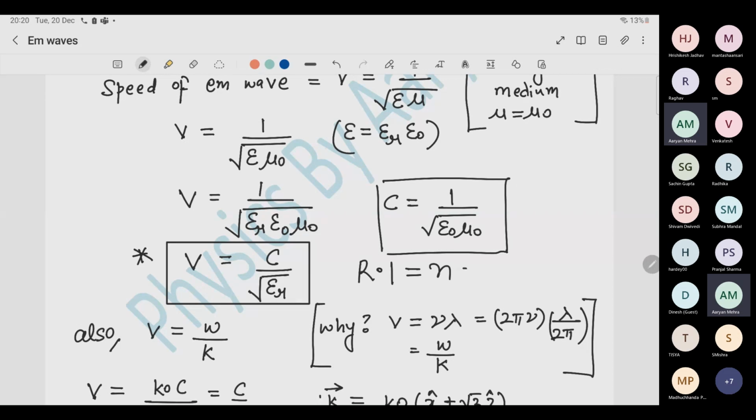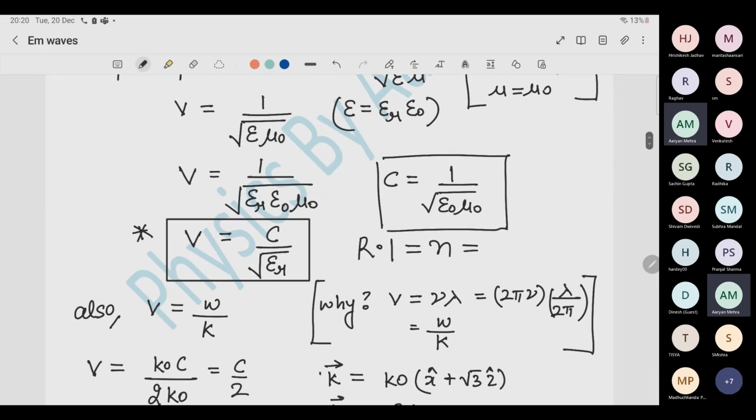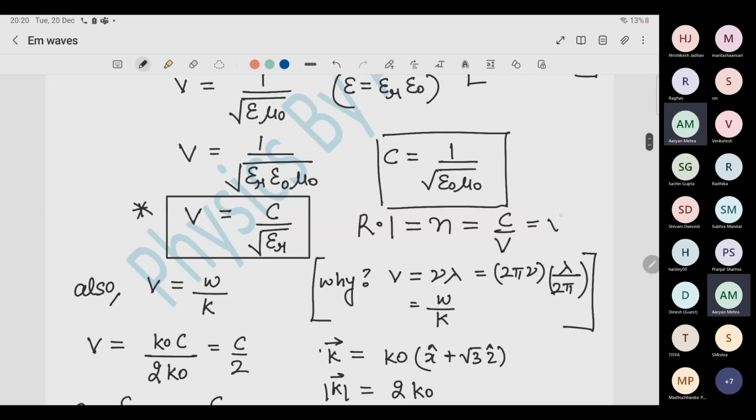And it is actually equal to, can anyone tell me what is the definition of refractive index? N equals to? Under root of epsilon r into mu r. No, give me the class 11, 12 definition. It's C by V, right? The speed of light in vacuum divided by speed of light in medium. Yeah. So C by V, right? So what is C by V here? Under root epsilon r.